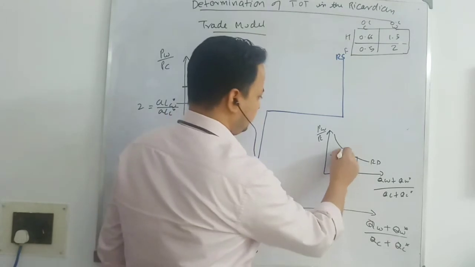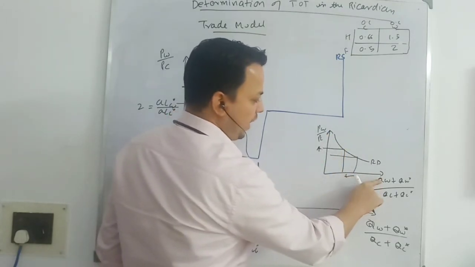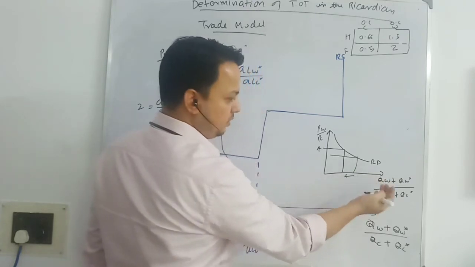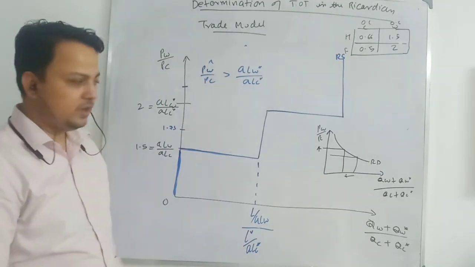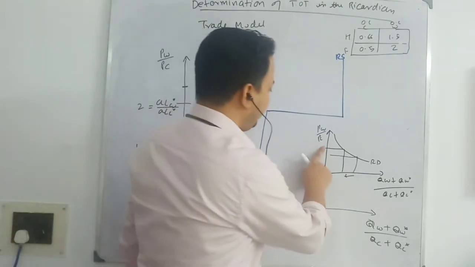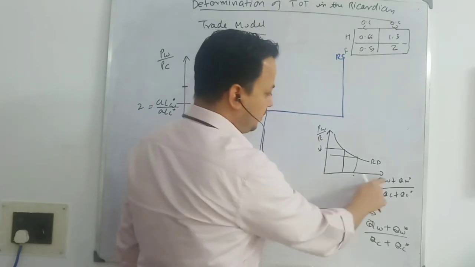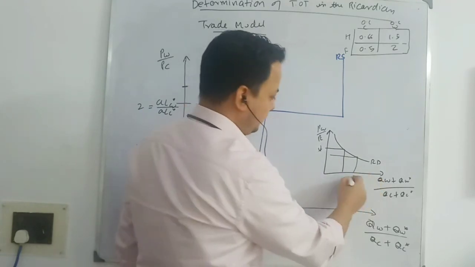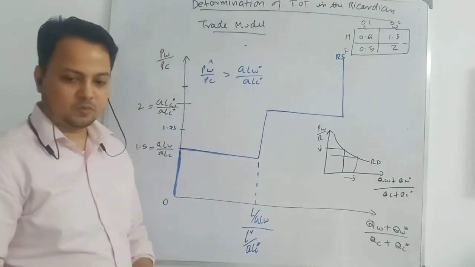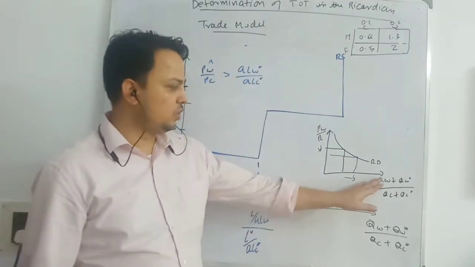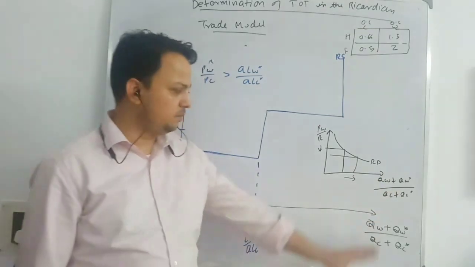In other words, when the relative price of wine decreases, the relative quantity of wine increases. That is why your relative demand curve is downward sloping, because consumers will substitute one good for another. Clear? This is simple. You have done it.